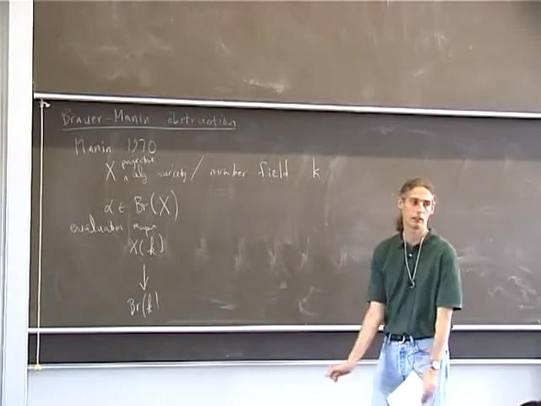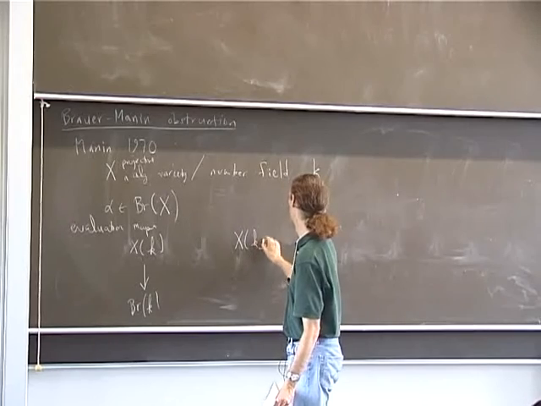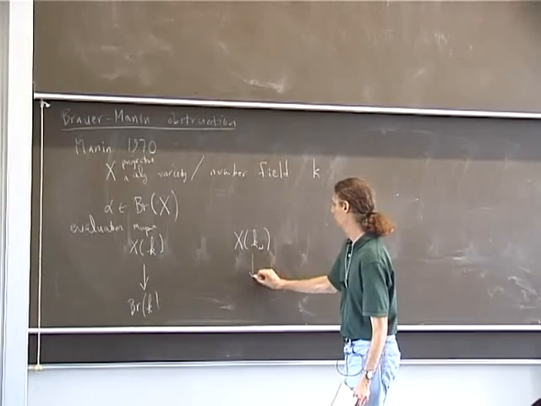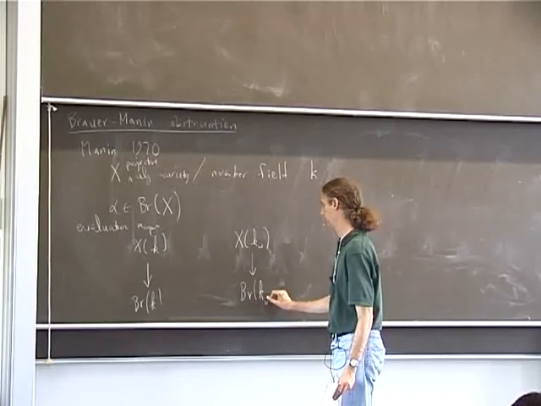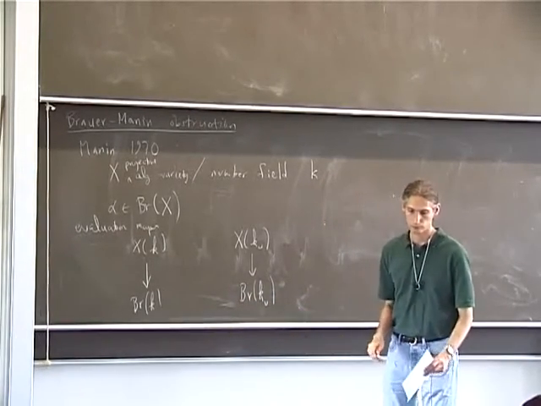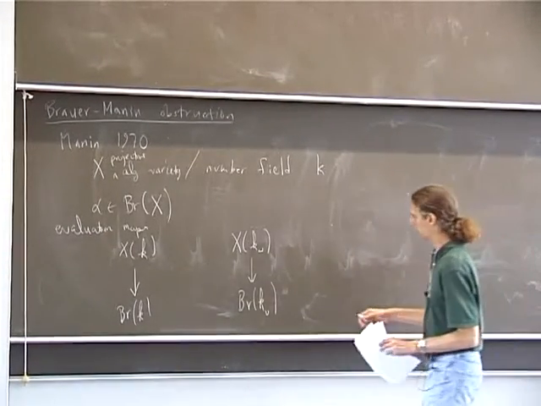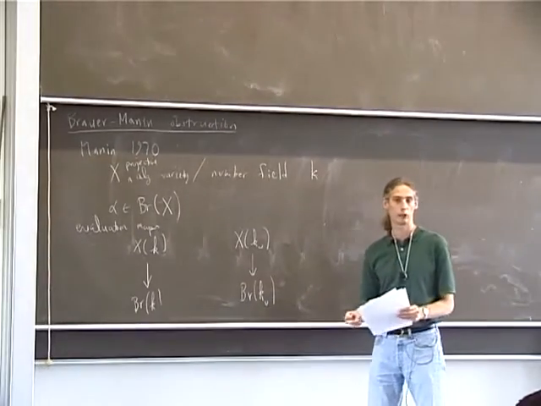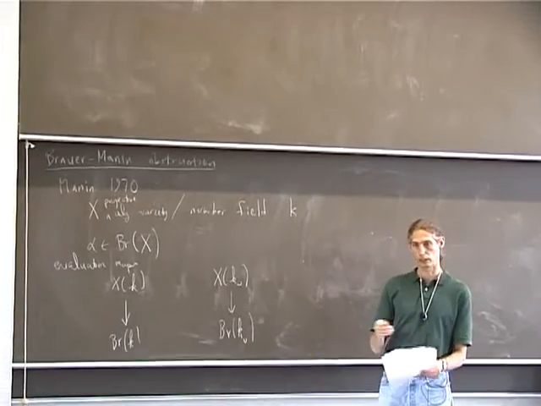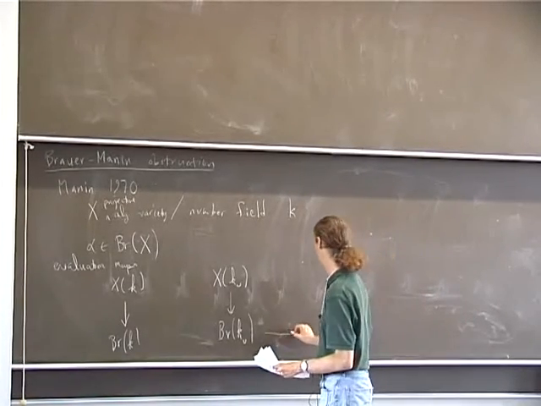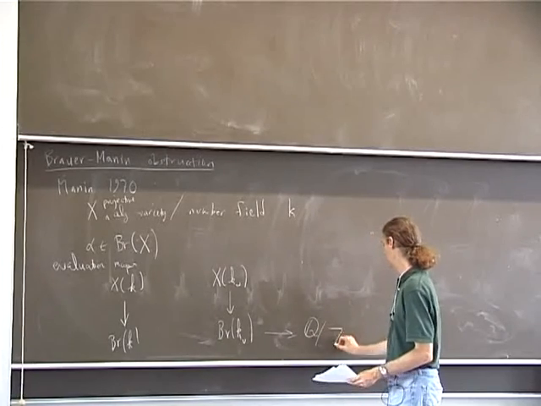And there's a similar thing at all the completions. So if you have a place nu, then the k nu points upon evaluation give you elements of the Brauer group of the completion. And now we know that the Brauer group of the completion at a non-Archimedean place is canonically isomorphic to Q mod Z, and at Archimedean places it injects.